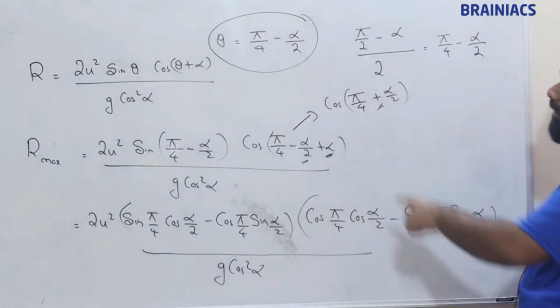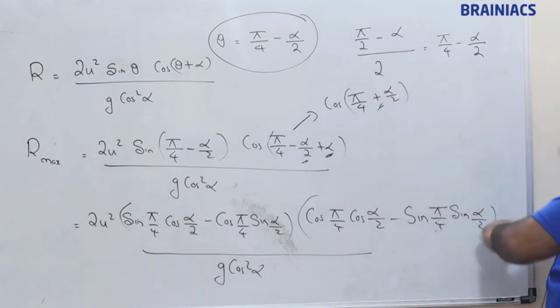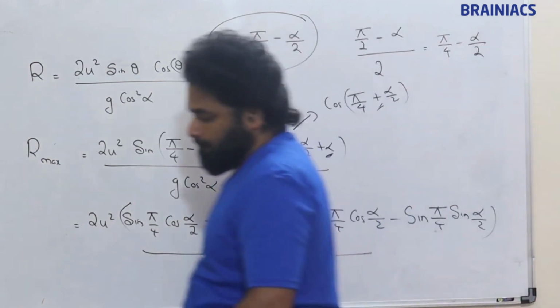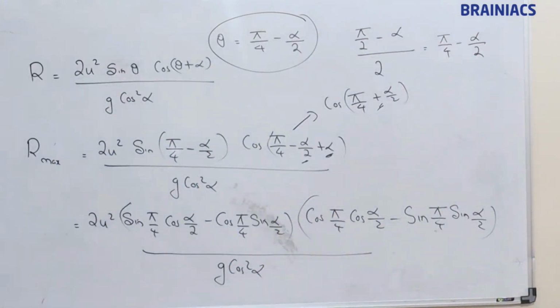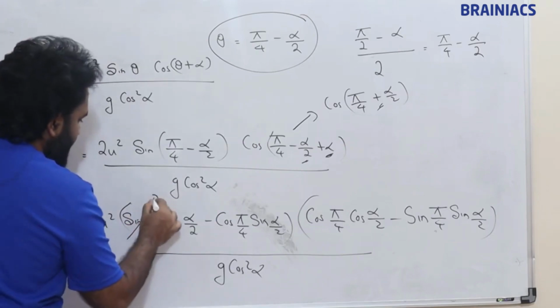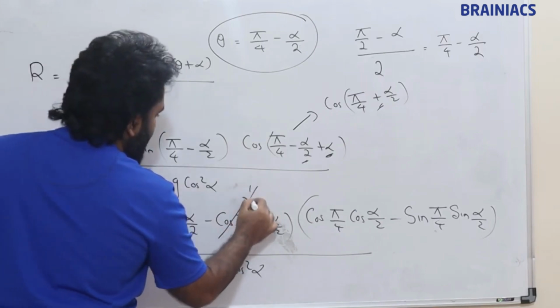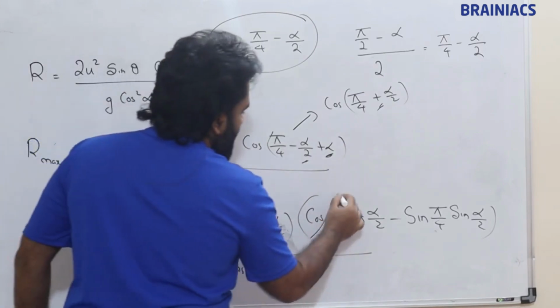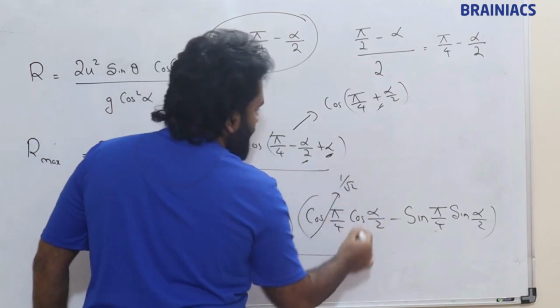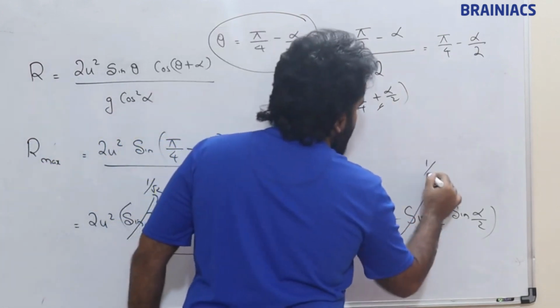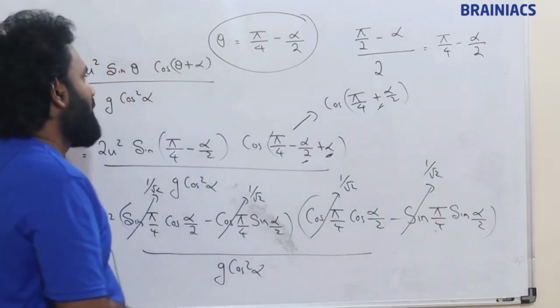Please note it down. I need to further write this. So sin pi by 4 becomes 1 by root 2, cos pi by 4 also becomes 1 by root 2, and so on for each term.